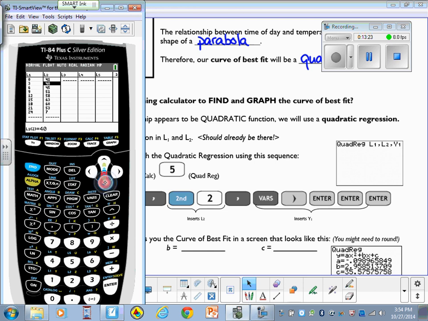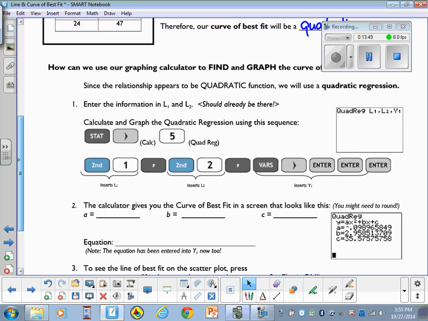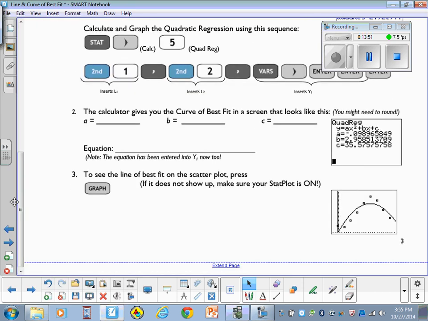Aha! Right here. That was supposed to be a 47, not a 7. Got to change things for me. So stat, calc, quad regression, calculate. There we go. Now I'm matching my screenshot. Whew. Whenever you get something weird, go back and check your numbers. Chances are you typed them in wrong.